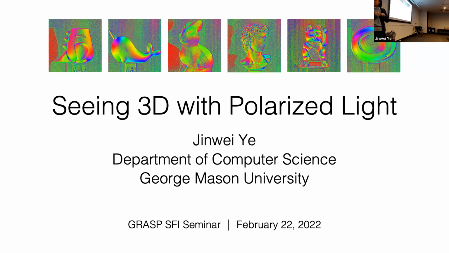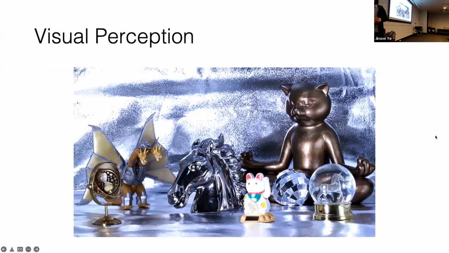Today I'm going to talk about my work on 3D perception using polarized light. Perception is a very important task in robotics because this is how robots get to know about the environment. When talking about visual perception, most of you will probably think of taking images or recording videos with color cameras.